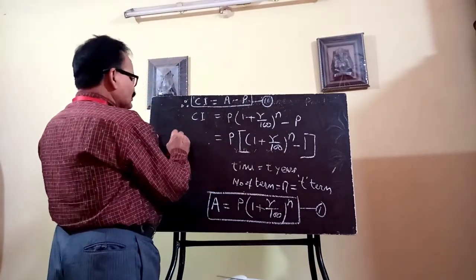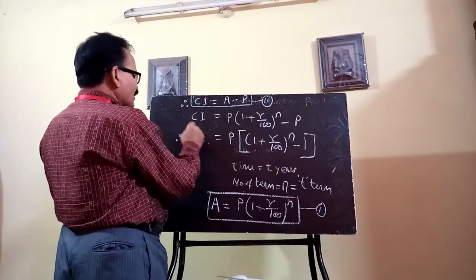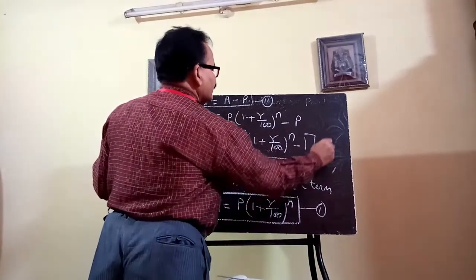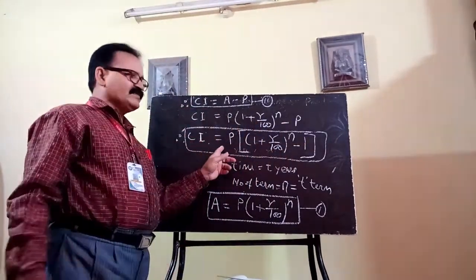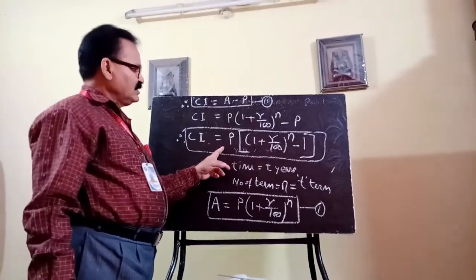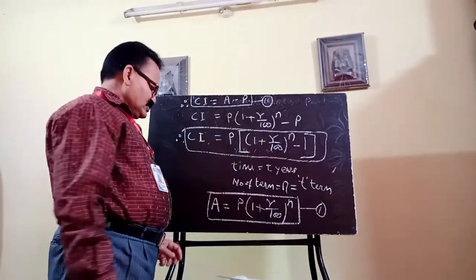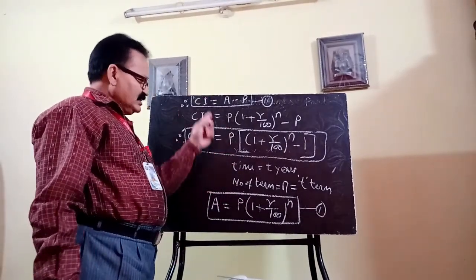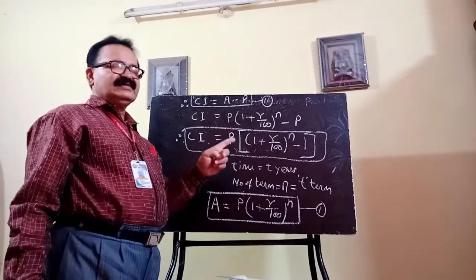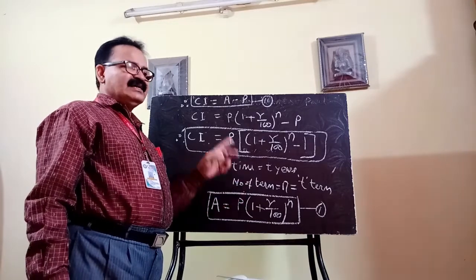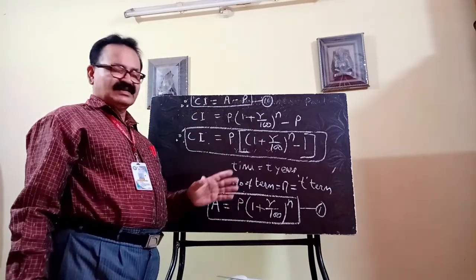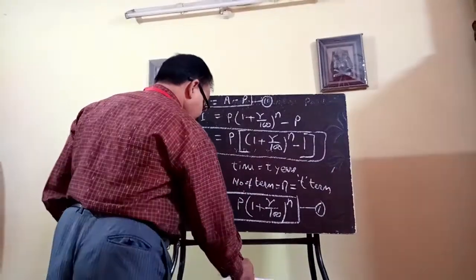So this is also one of the formulas of compound interest. Directly you can find out the compound interest by using this formula. Clear? So this formula will be used when the rate percent is given R% and compounded annually.